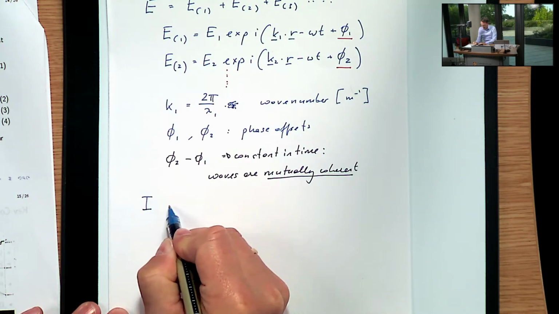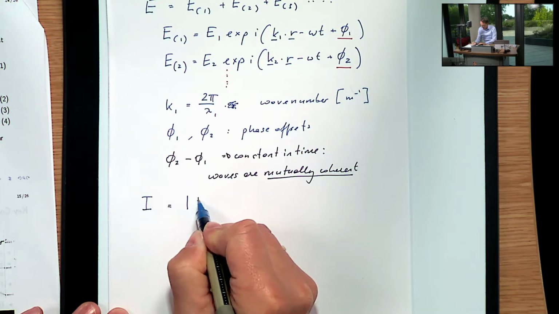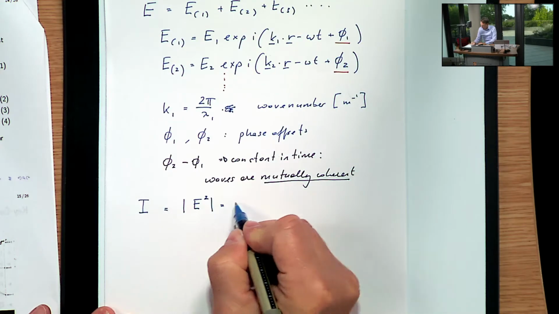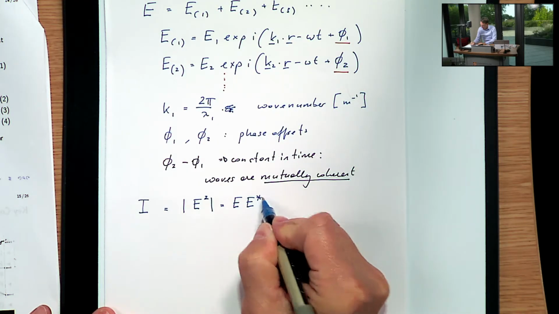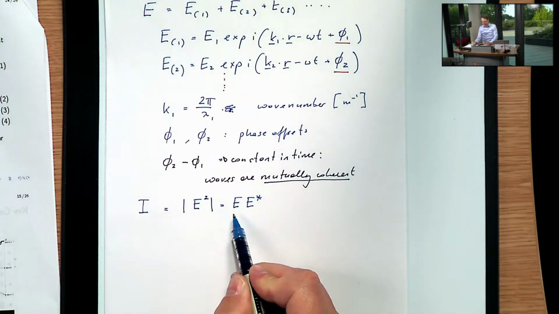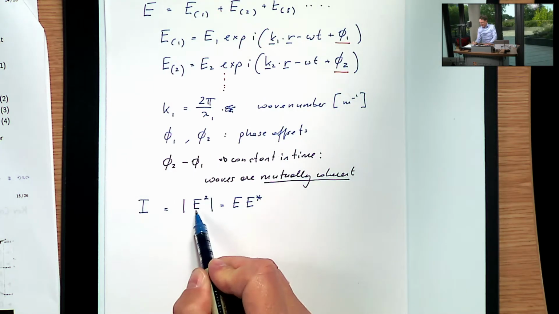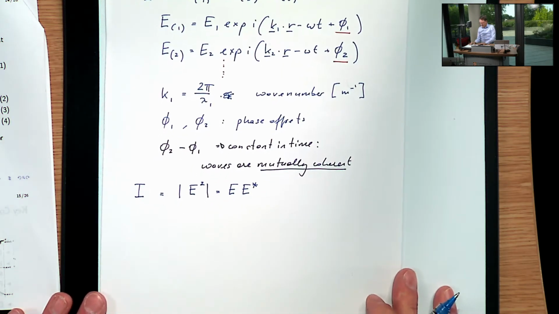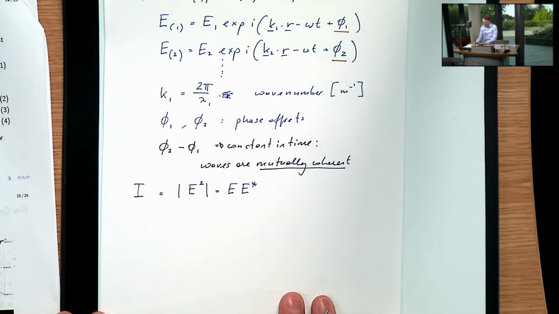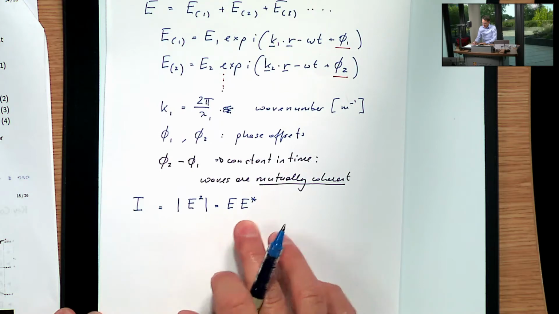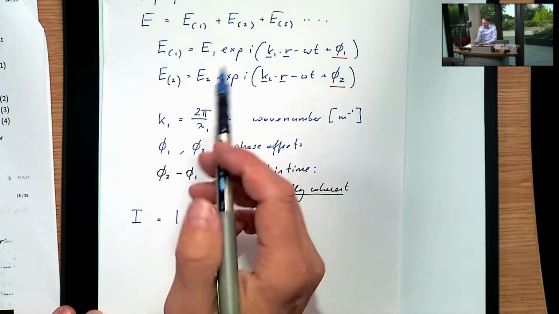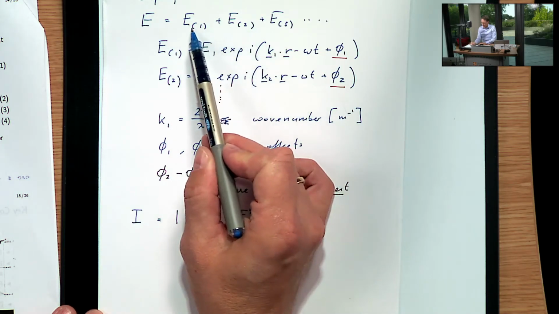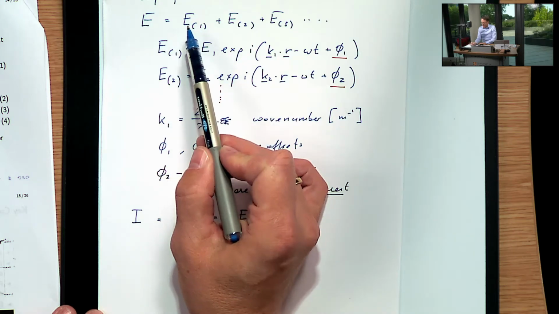So the intensity is given by the square, which you can get by multiplying the field E with its complex conjugate. That gives you E squared, and that gives you the magnitude of the intensity. And so if I now try this by just, let's say, superimposing two fields, E1 and E2, let's suppose the total field has just two components, E1 and E2.